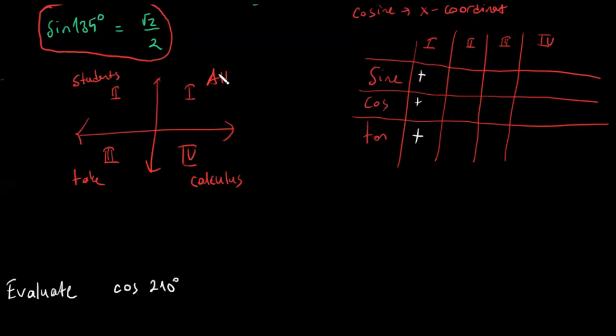Or you can do this: all students, all functions positive. In the second quadrant only sine is positive, so the other two must be negative. Only tangent is positive in the third quadrant; sine and cosine must be negative, and negative over negative is positive. And only cosine is positive in the fourth quadrant, so sine and tangent will be negative. Okay?